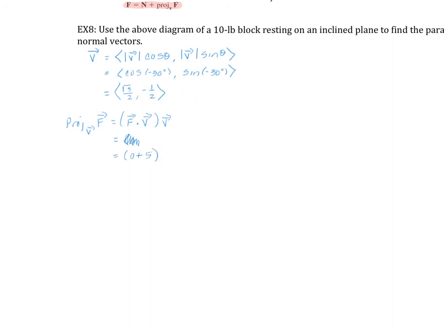Okay, now, because remember the force vector is 0, -10, and my vector v is square root 3 over 2, -half. So that would give me 5, and then my vector v.